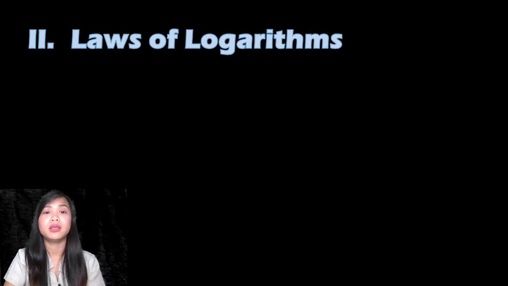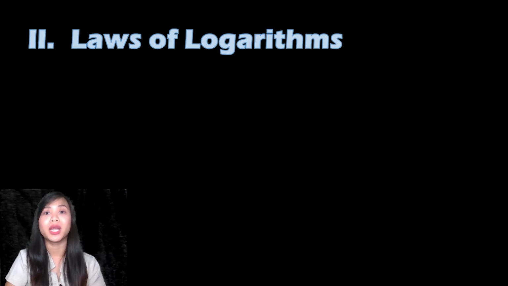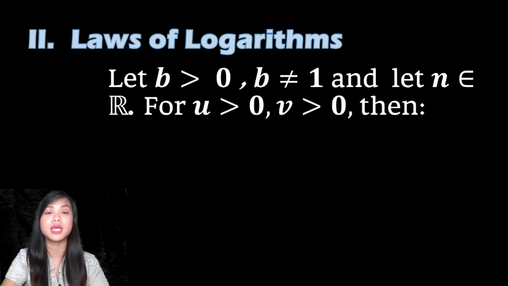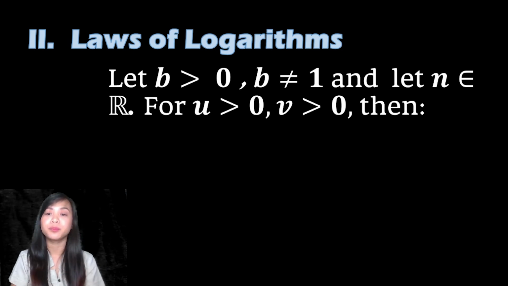Now, let's discuss the different laws of logarithms. We'll discuss three laws of logarithms. Let b, your base, be greater than 0, meaning we just have positive values for the base, and it should not be equal to 1.